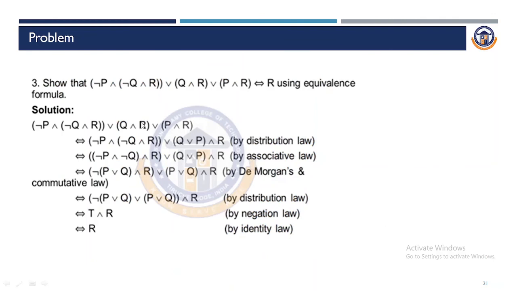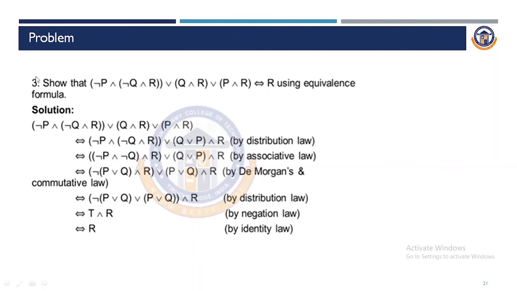Right. Next one, show that negation P and negation Q and R, or Q and R, or P and R, is equivalent to R using equivalence formula. We prove this by truth table or equivalence formula, here mentioning using equivalence formula, then we use the equivalence formula.